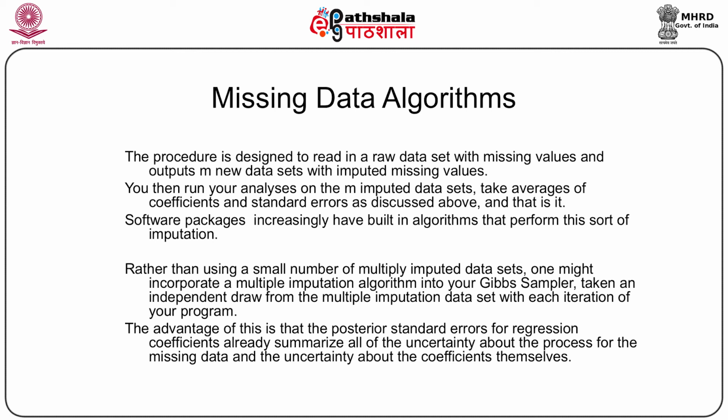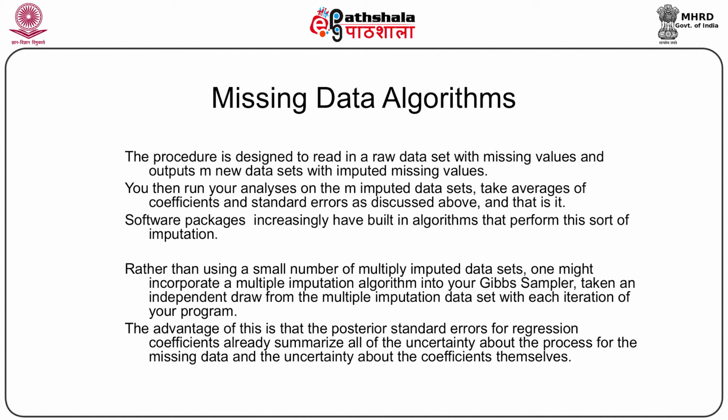The program is designed to read in a raw data set with missing values and output M new data sets with imputed missing values. You then run your analysis on the M imputed data sets, take averages of coefficients and standard errors as discussed above, and that's the way we develop the algorithm.